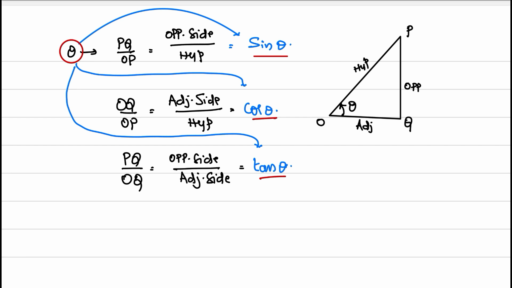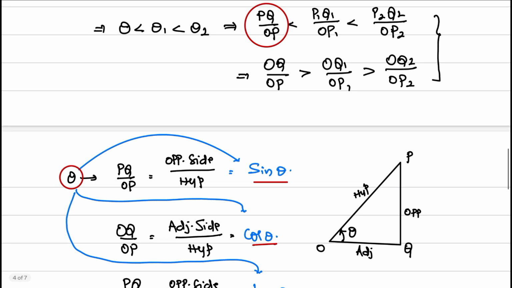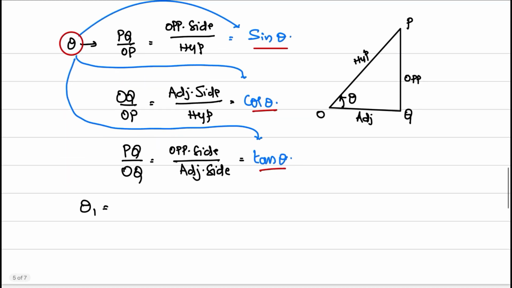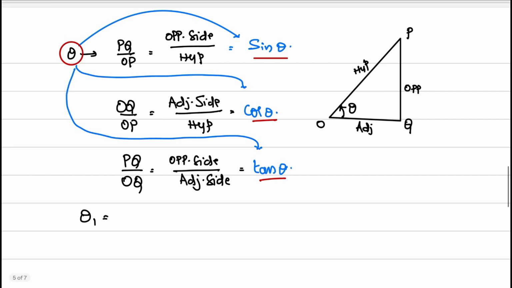For theta 1, similarly, P1Q1 by OP1 is equal to sin theta 1, and OQ1 by OP1 is equal to cos theta 1.